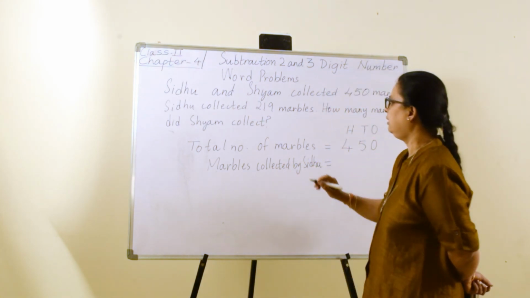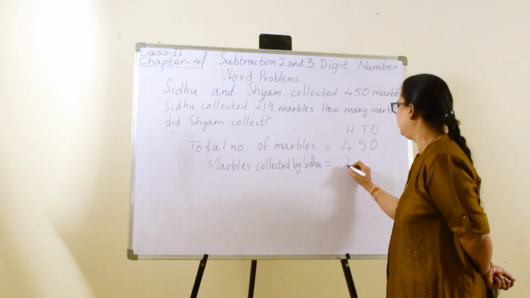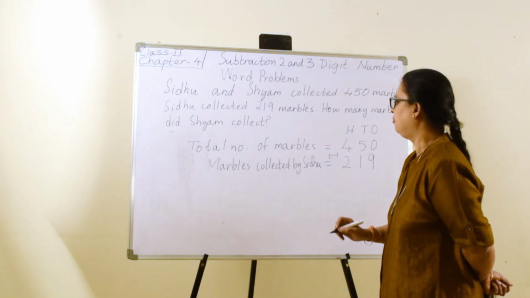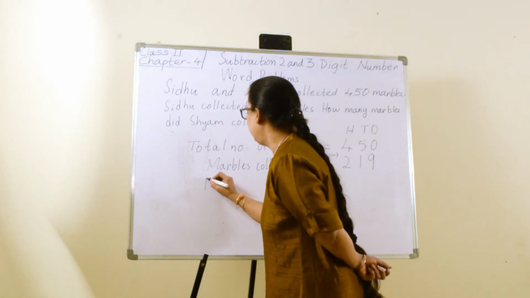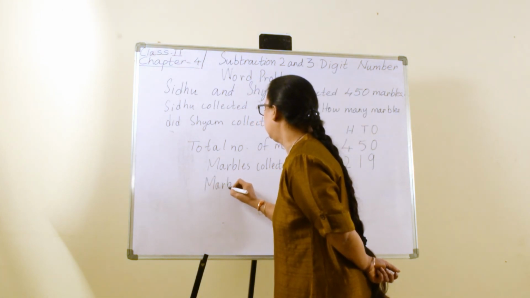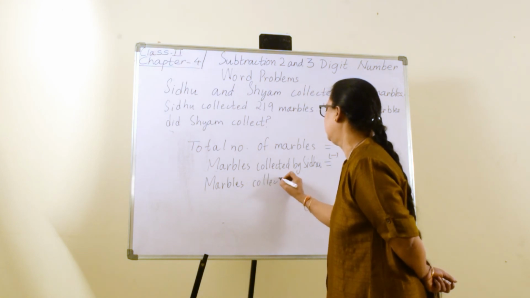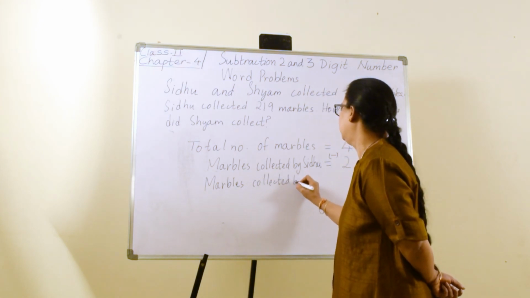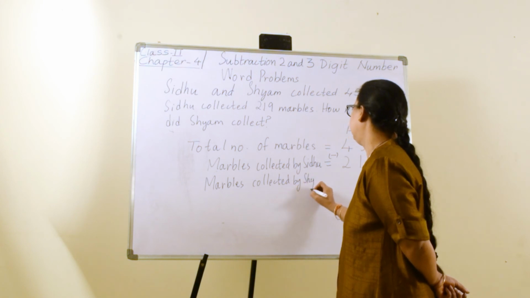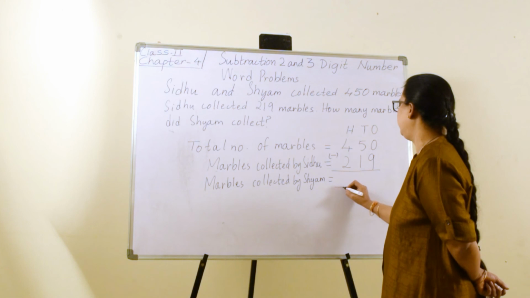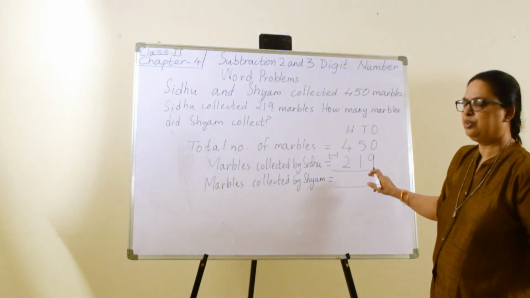Sidhu collected 219. Marbles collected by Shyam. So this is the answer that you are going to get, or the difference after you do the subtraction.